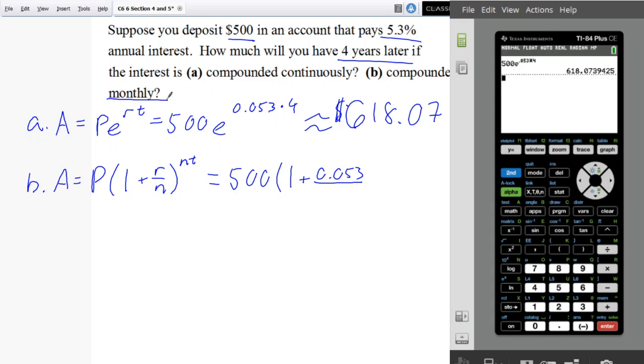So monthly, that's going to give me 12 to the nt, so 12 times my t, 4 years. So here, to figure out how much money I'm going to have in my bank account if I compound my interest monthly, we are going to have 500 times the quantity of 1 plus 0.053 over 12, to the 12 times 4.